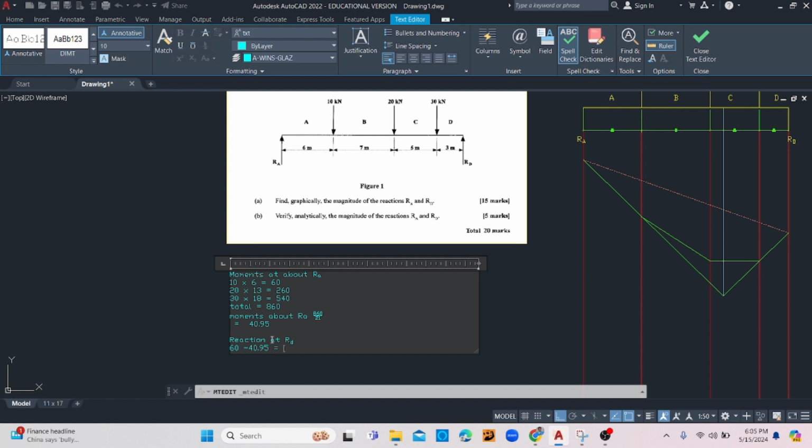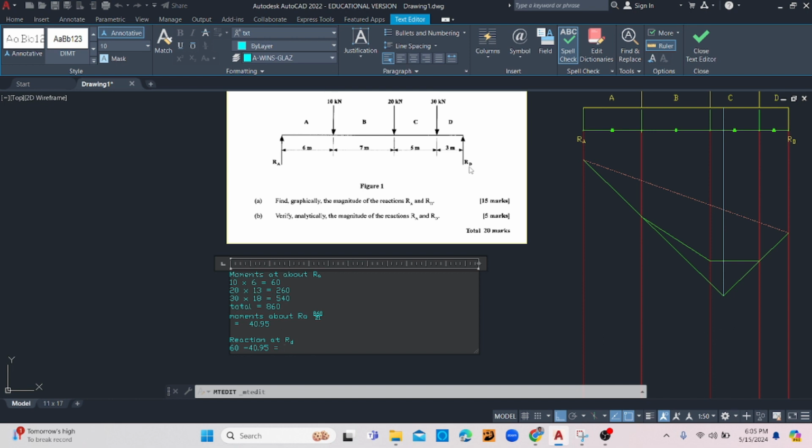Remember, we didn't know the total amount of force, and we don't know the reaction, so we're trying to derive it based on the amount of force acting. We didn't have to do RA first. We could have done RD first and simply multiplied 3 meters times 30, 8 meters times 20, whatever this number here is, the 3, 5 and 7 times the 10, and then calculated the reaction for RD from that.